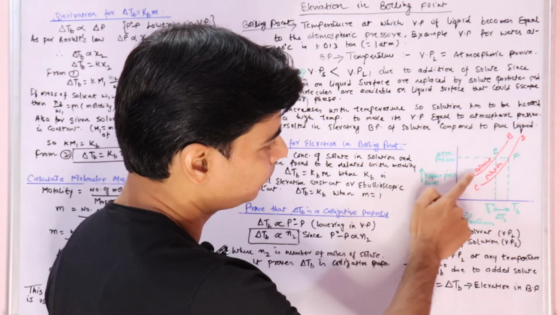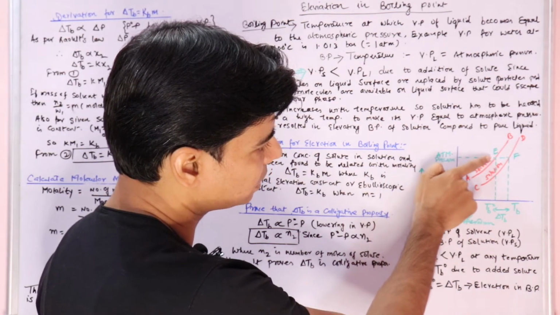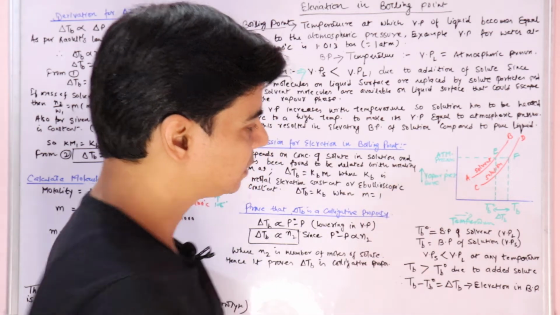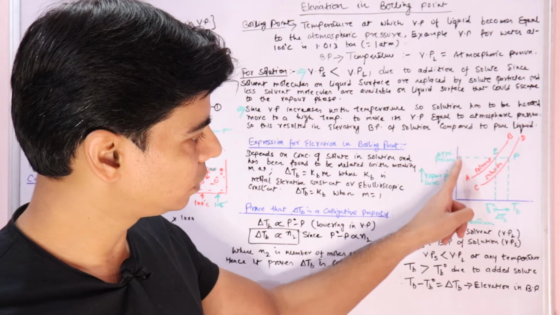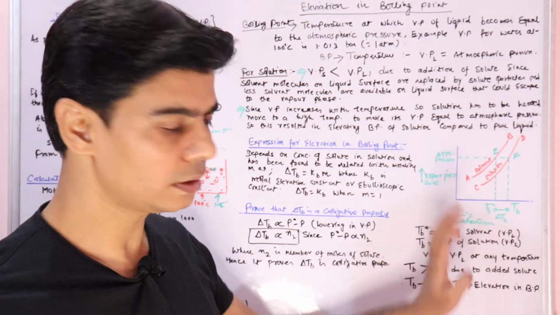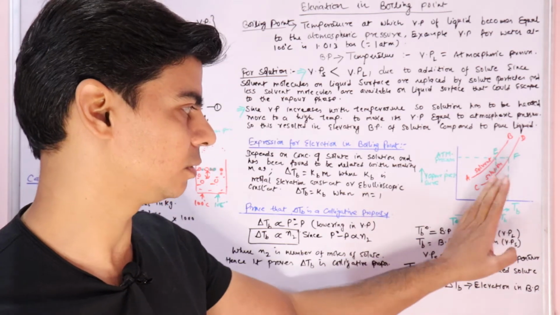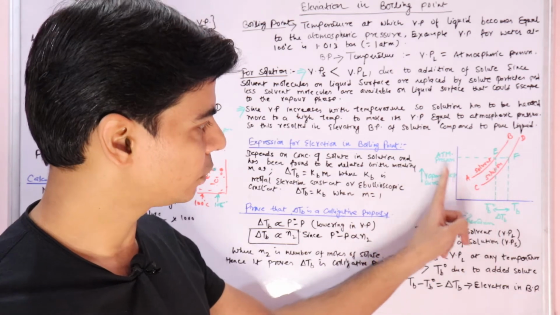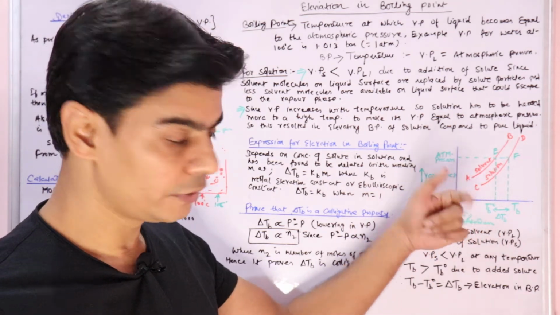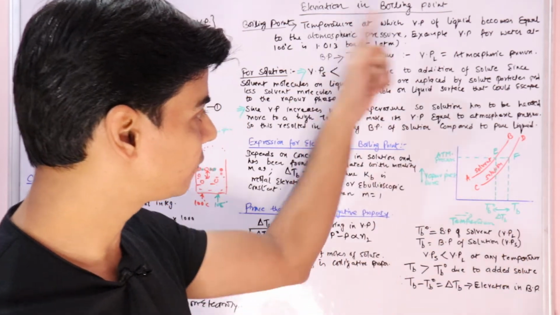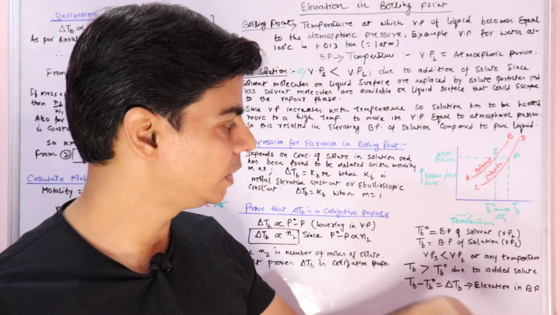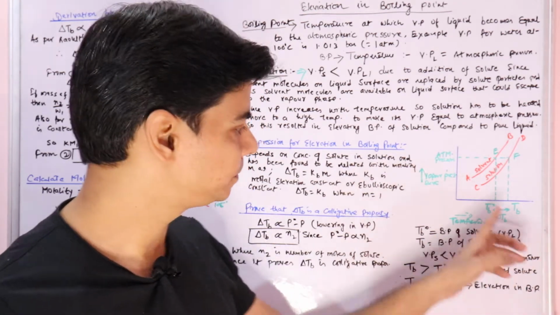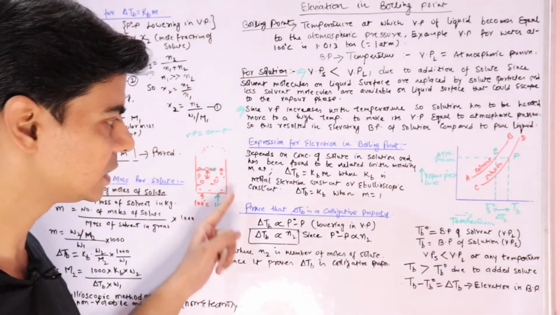For solvent, we can see that the vapor pressure becomes equal to the atmospheric pressure at temperature TB naught, or TB0. And for solution, as we have gone through above, there would be an increase in temperature.